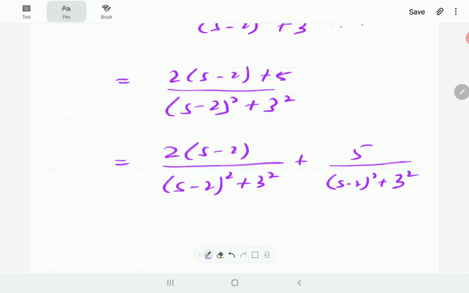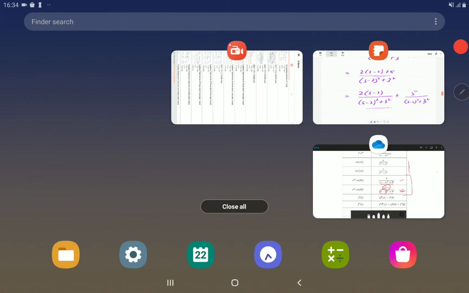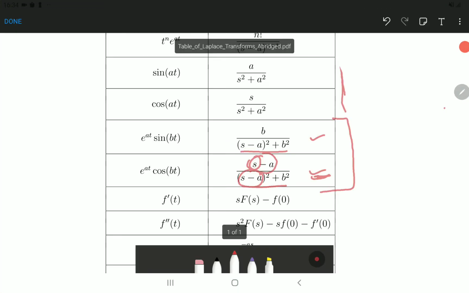Now the first fraction is starting to look like the second expression here: the numerator has s minus a, and the denominator has s minus a. The other fraction has no s in the numerator, so we need to make it look like that one.